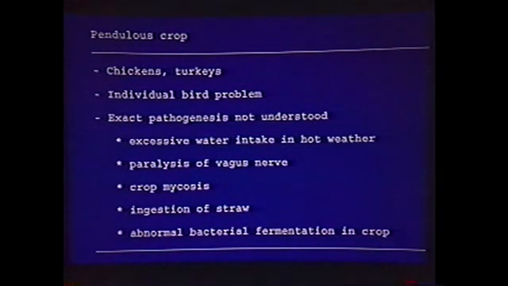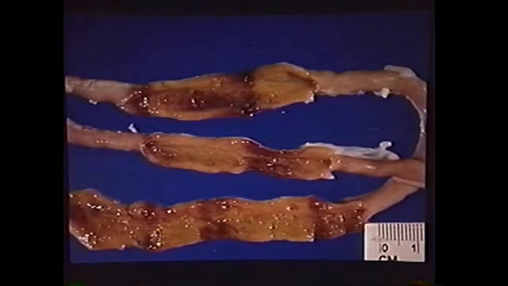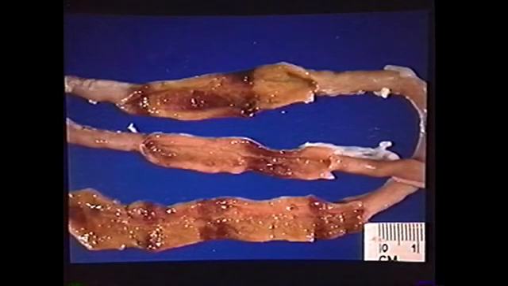Abnormal bacterial fermentation, with the production of a voluminous amount of gas that causes distension of the wall of the crop, eventually its weakness, and then fluid and feed material stays in the crop.